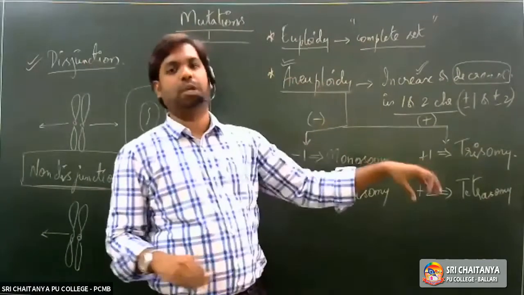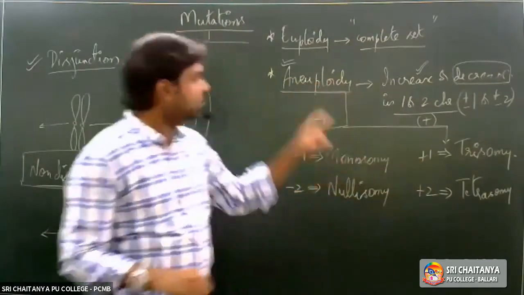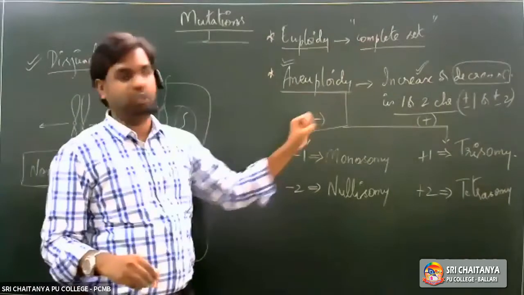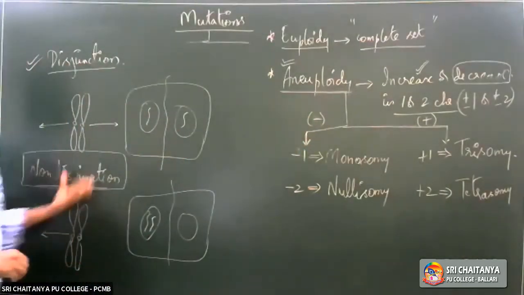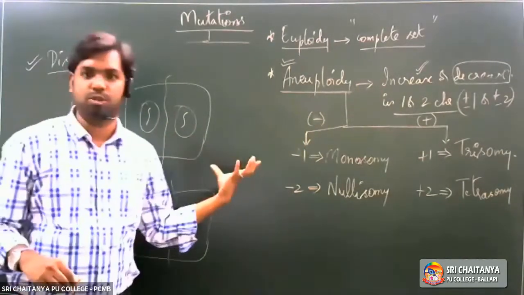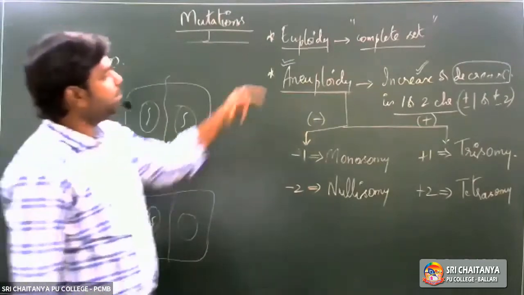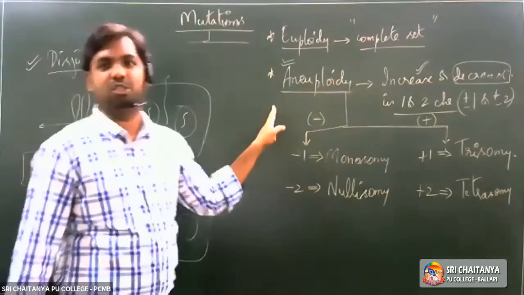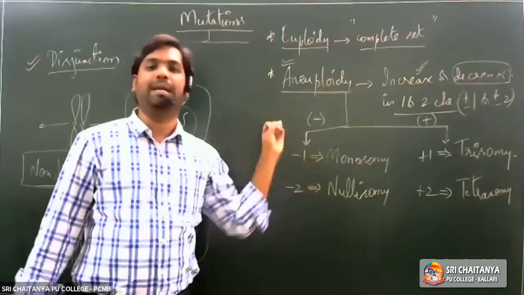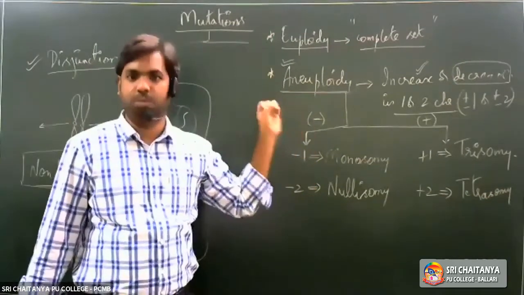So what you need to remember here is that the reason for aneuploidy is majorly the process called non-disjunction of chromosomes. So this is what we have with euploidy and aneuploidy, which is called numeric or genomic type of chromosomal mutation.